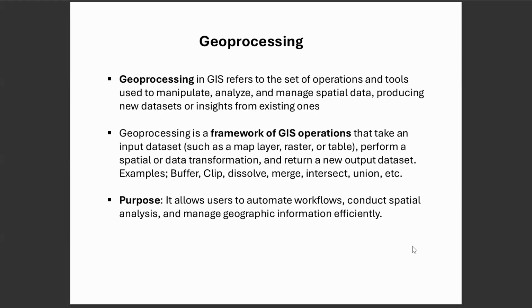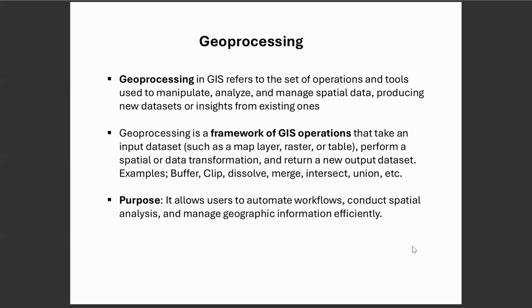So when we talk about geoprocessing, we are saying that it's a set of operations and tools. When you open QGIS, we have a set of geoprocessing tools that we can use to undertake analysis. With the help of the geoprocessing tools, we can manipulate already existing data.